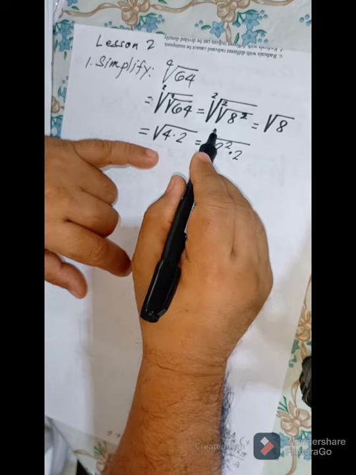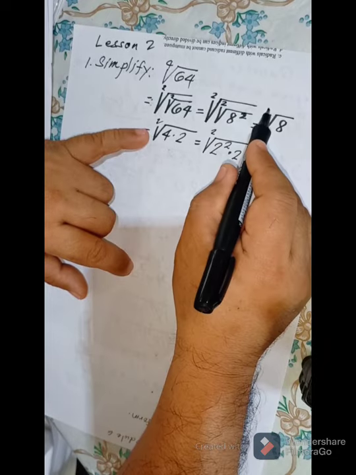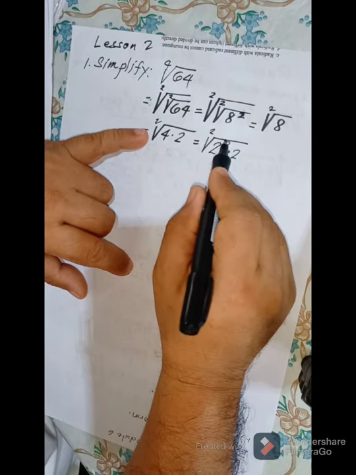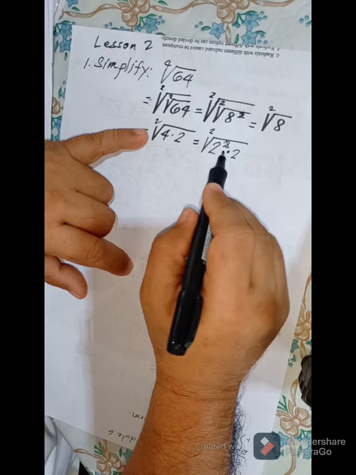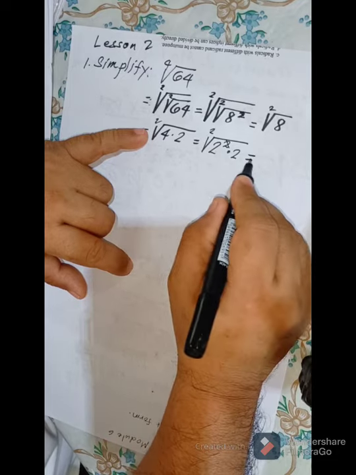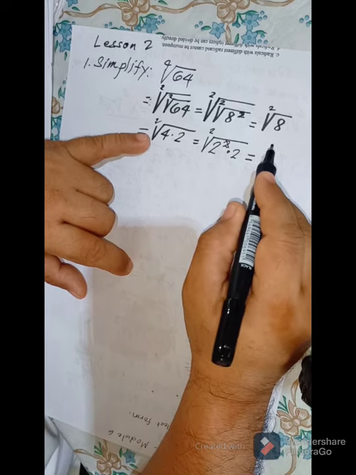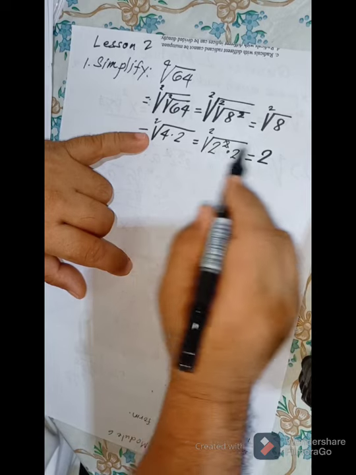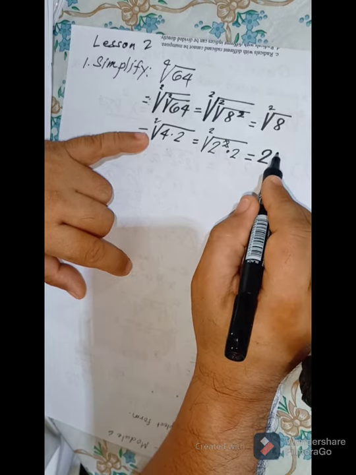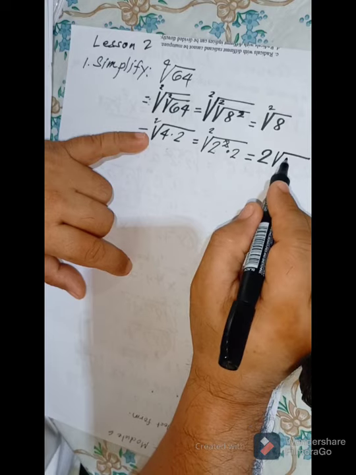The index again here, when there is no index, the index is understood to be 2, and here also understood 2. So we cancel this, because 2 divided by 2 is 1. So outside the radical symbol, the radical expression, is now 2. What remains under the radical is the square root of 2.